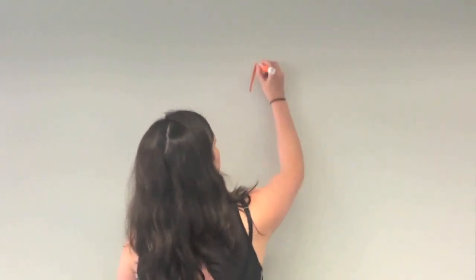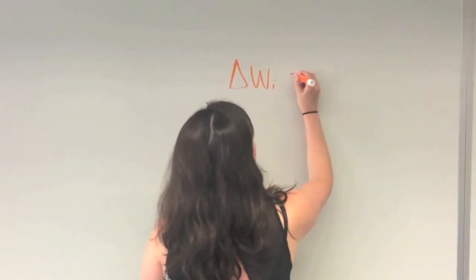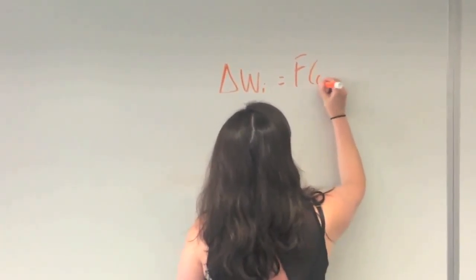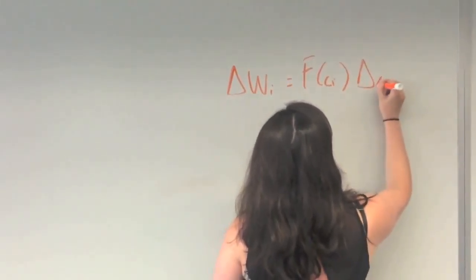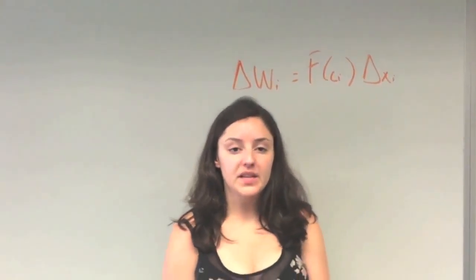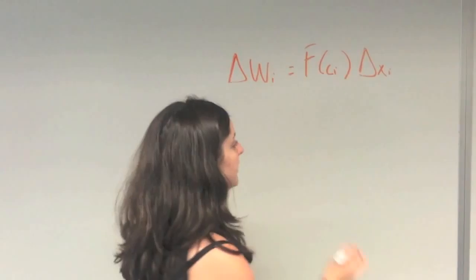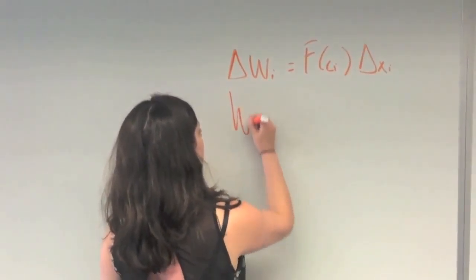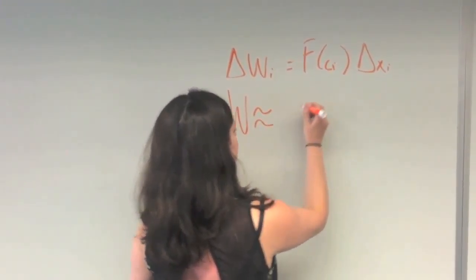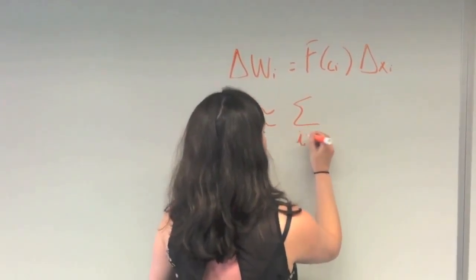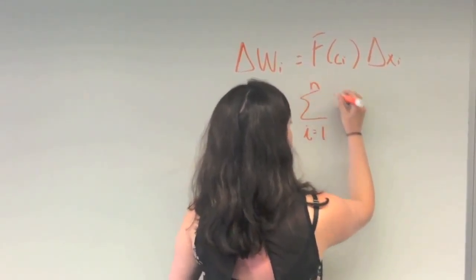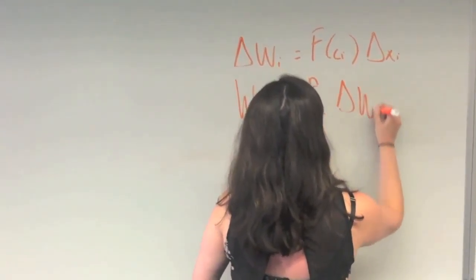Because f is continuous, you can approximate the work done in moving the object through the ith subinterval by the increment delta W sub i equals f of c sub i delta x sub i. So the total work done as the object moves from a to b is approximated by work approximately equals the sum from i equals 1 to n of delta W sub i.